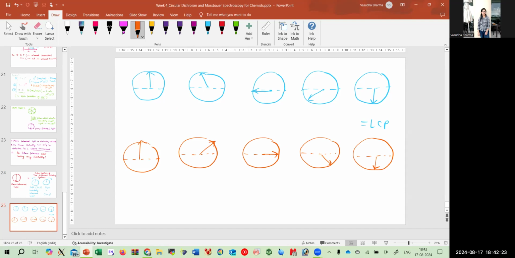So this is the maximum that we get here this way. So ultimately we were able to get the plane polarized light, giving a resultant. This is your RCP.